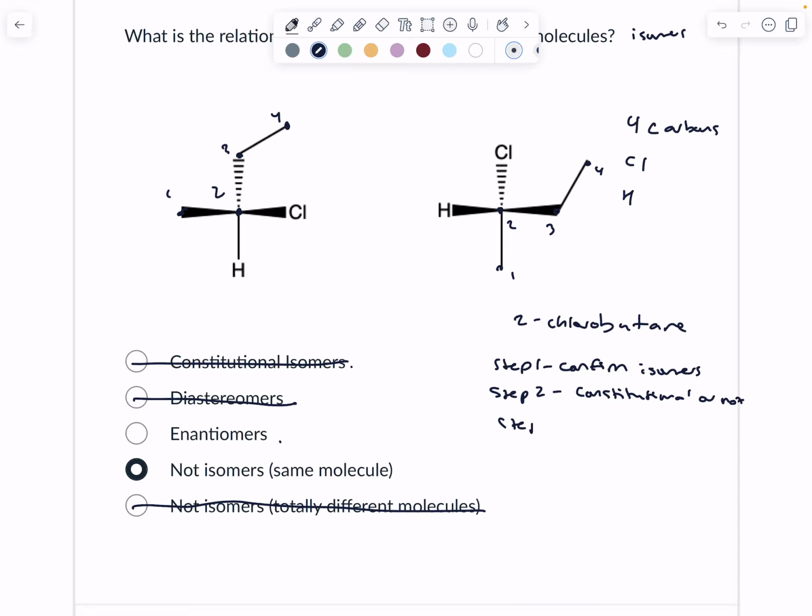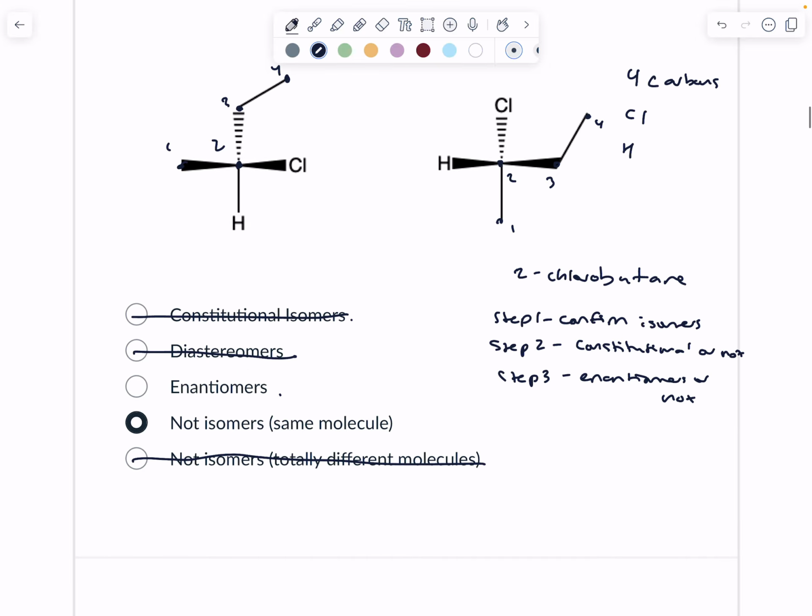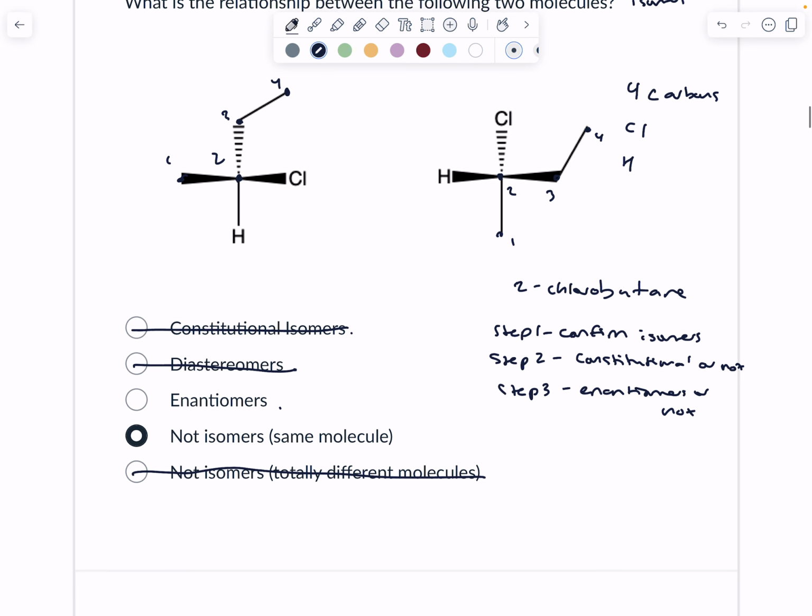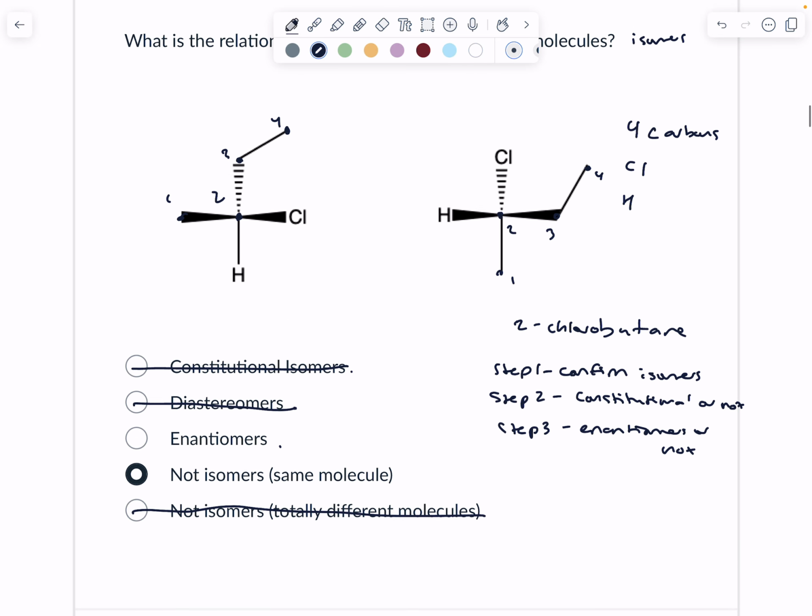And then step 3, we're going to determine if they're enantiomers or another type of stereoisomer. We know we don't have diastereomers because that's not going to be on this test, but also there's at least 2 chiral centers for diastereomers. So the way that you can do that is you can either visualize the molecule or you can assign R and S configuration, whichever one works for you.